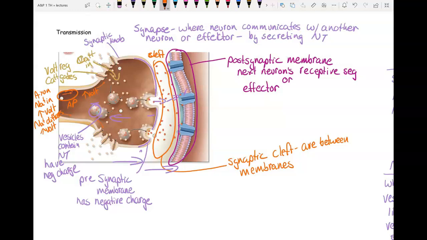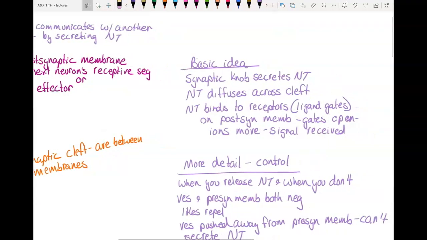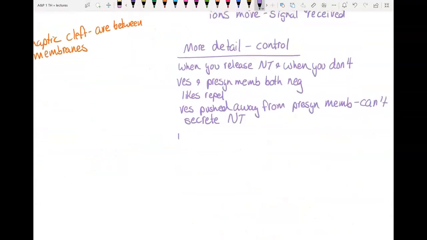So when the action potential gets down to the end of the axon, you have an increase in voltage right here. These calcium gates are voltage regulated, so that makes these calcium gates open. So when there is an action potential in the axon, it raises the voltage.